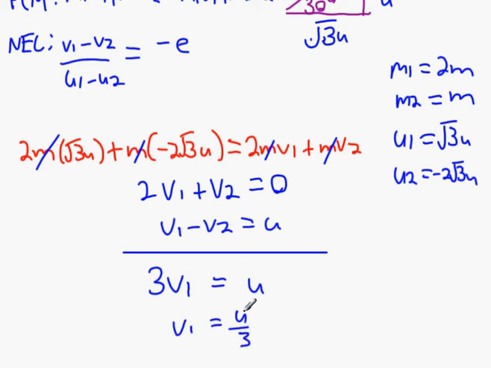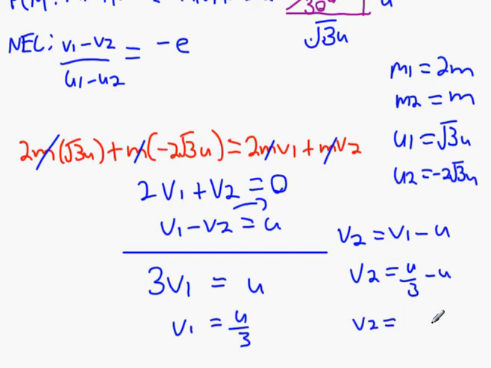What's that make v2 then? v2 equals v1 minus u. v2 therefore is u over 3 minus u. v2 is minus 2. Whoa.